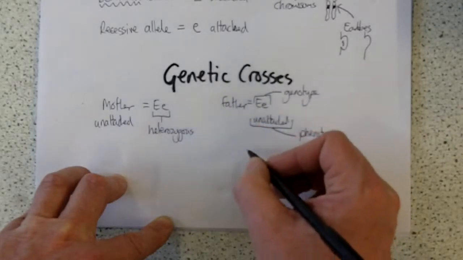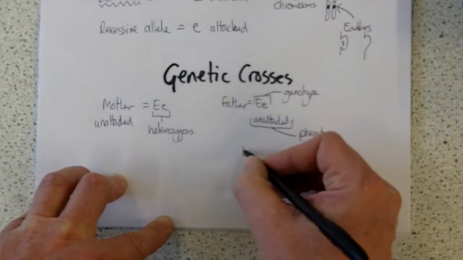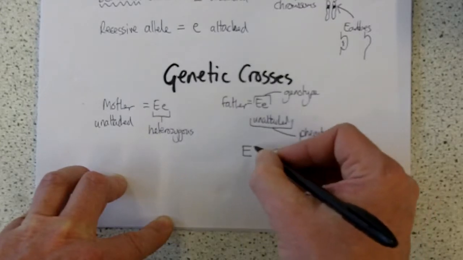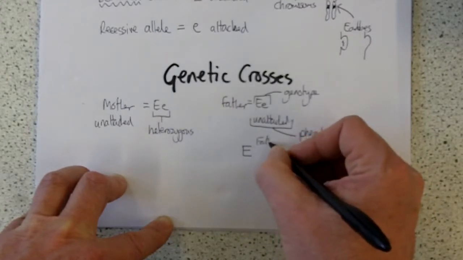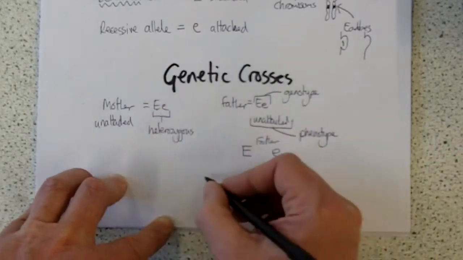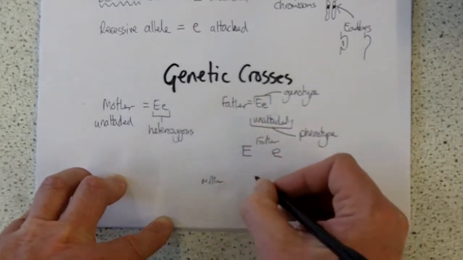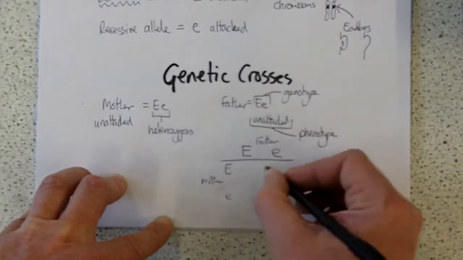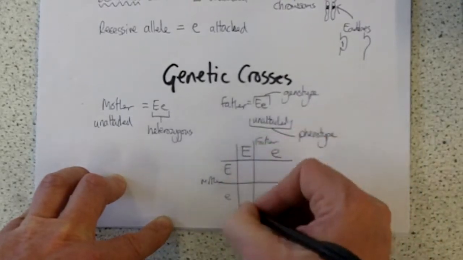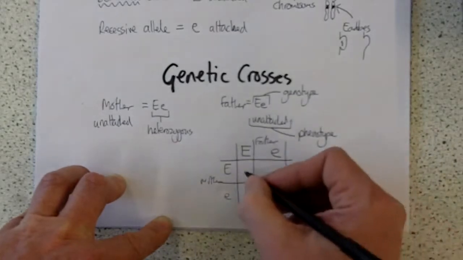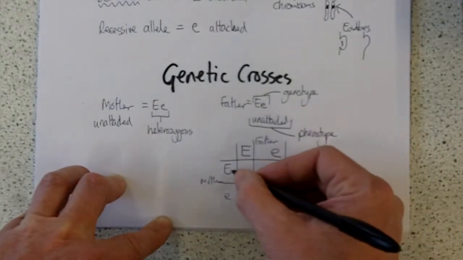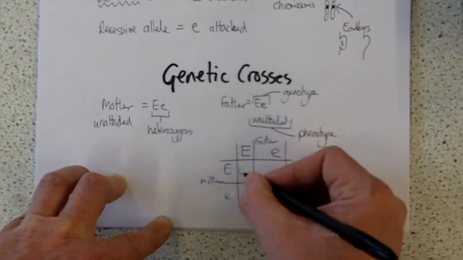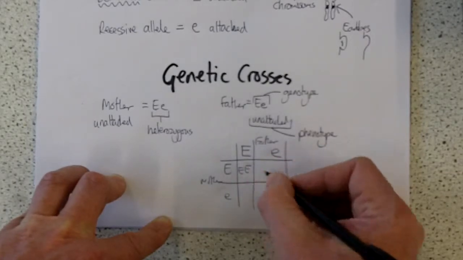In a Punnett Square diagram, we simply write down the alleles for each parent. This could be the father's, it doesn't matter which way around you do them, and the mother's go at 90 degrees on the side, and then we just draw ourselves a little grid. To fill it in, we simply take the two alleles which would cross at each point, which is the big E and the big E, so big E, big E is a possibility.